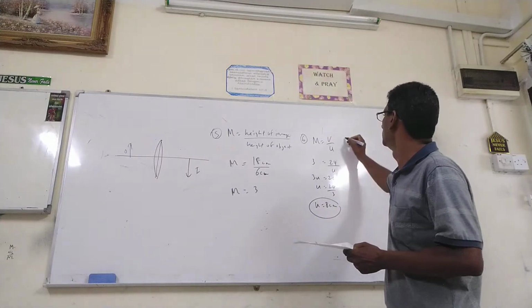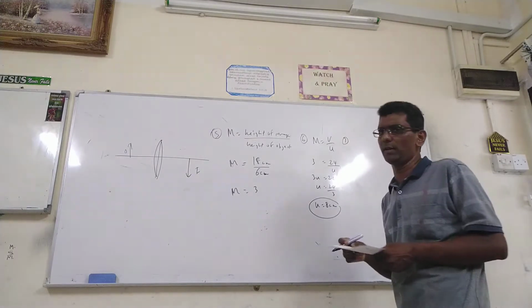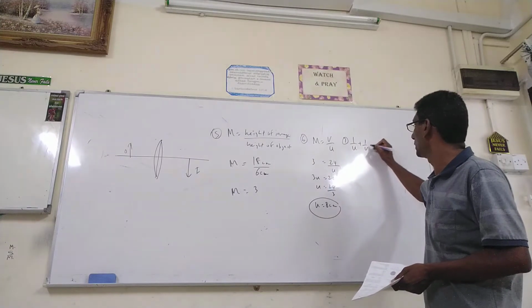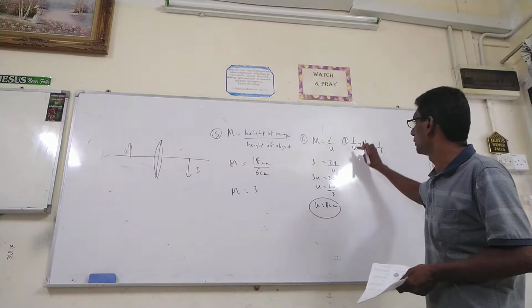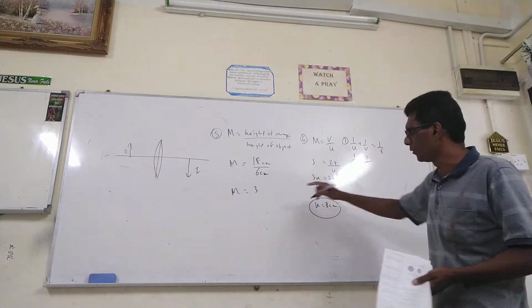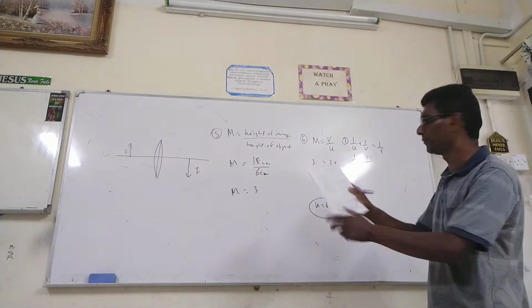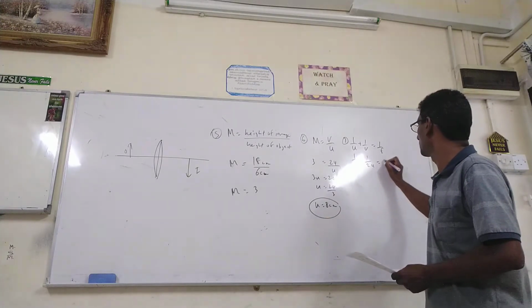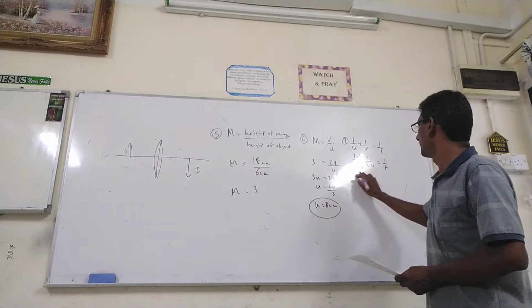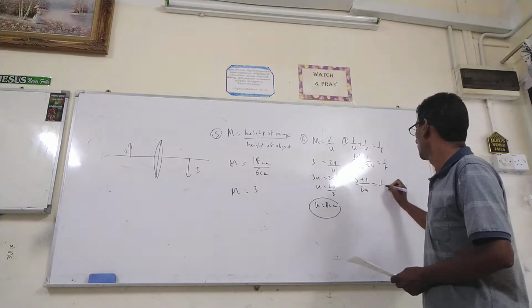Okay, question 7. What is the focal length of the lens? The formula is 1 over u plus 1 over v equals 1 over f. u is 8 cm and v, given in this question, is 24 cm. So 8 times 3 is 24, so 3 over 24 plus 1 over 24 equals 1 over f.